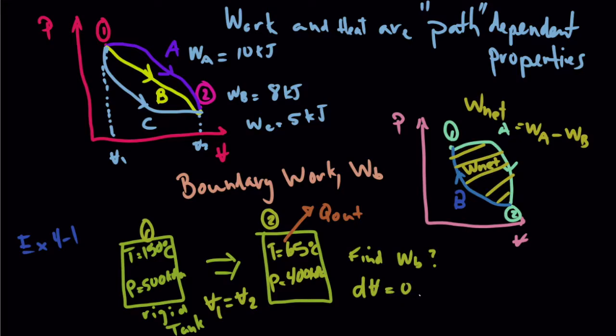And if dV is equal to 0, we have our integral equation, the integral from 1 to 2 of pressure dV, and if this is equal to 0, then the boundary work is equal to 0. So the boundary work here is basically 0. If there's no moving boundary, then there is no work. Okay.